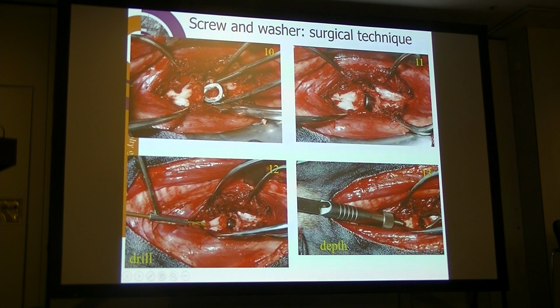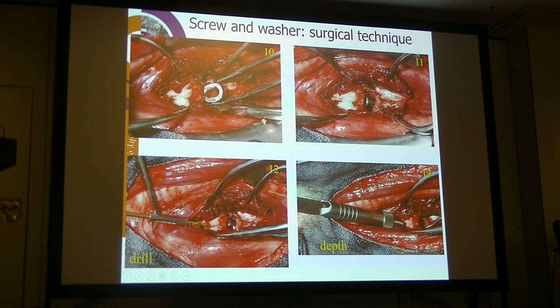So with the distraction maintained, you see here the distractor on the sideline. We introduce the washer and then push it in, or we can actually hammer it in. Use an instrument that hammers this washer in place.